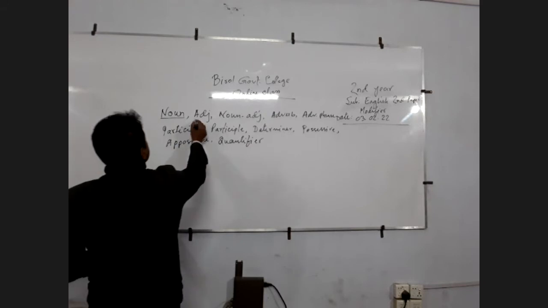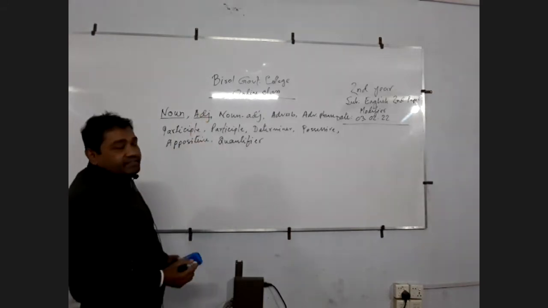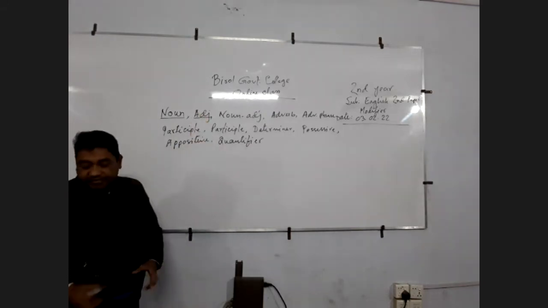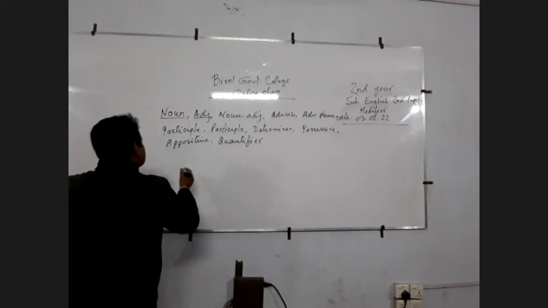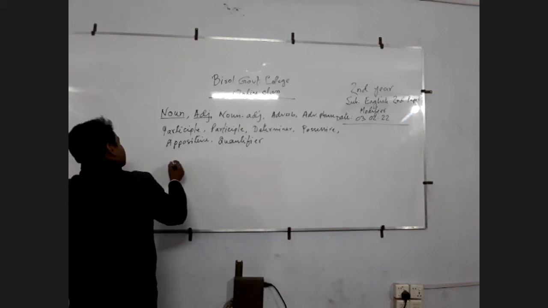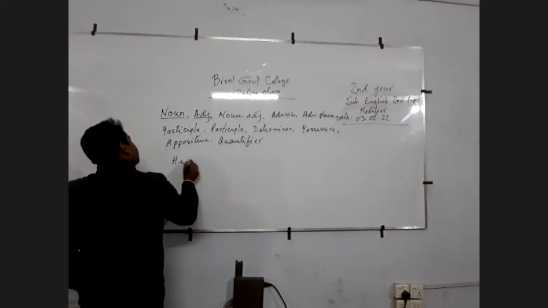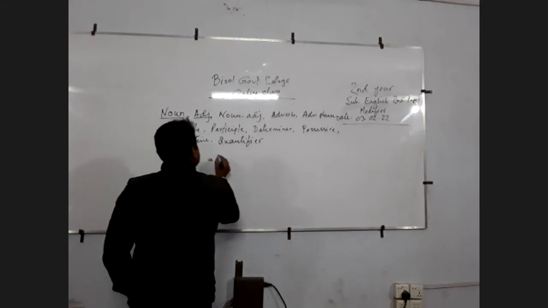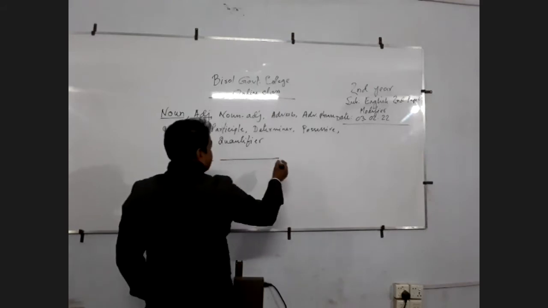Now we can use an adjective as a modifier. You will get a sentence like this: He is a dash boy.